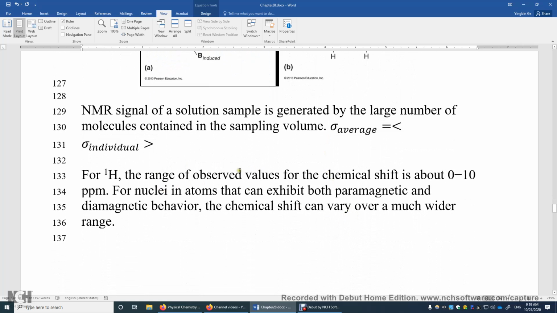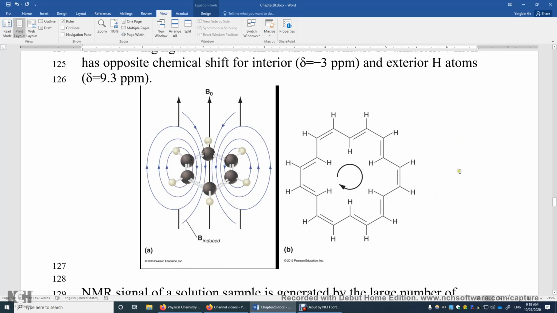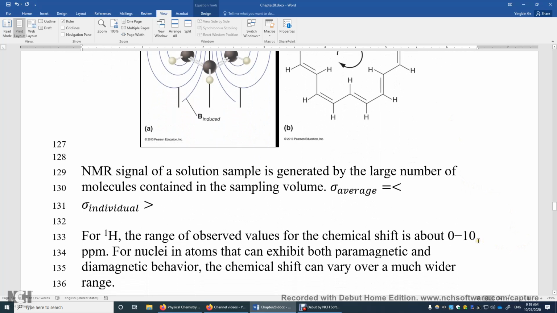The typical range for the chemical shift in hydrogen NMR spectroscopy is between 0 and 10 ppm. So around 10 ppm, either you have this kind of aromatic structure, or if you have an aldehyde or RCOOH, that H has a very large chemical shift.